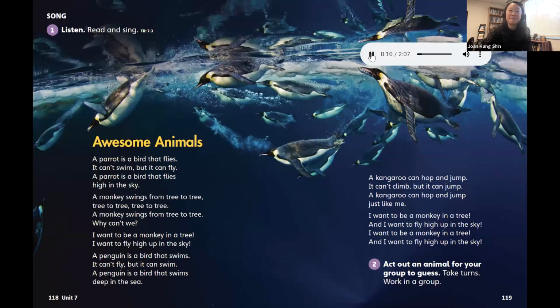Awesome animals. A parrot is a bird that flies. It can't swim, but it can fly. A parrot is a bird that flies high in the sky.